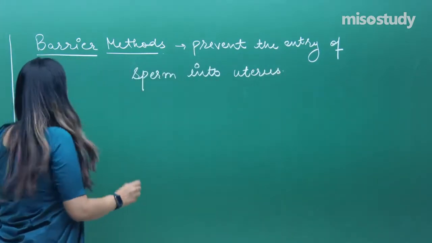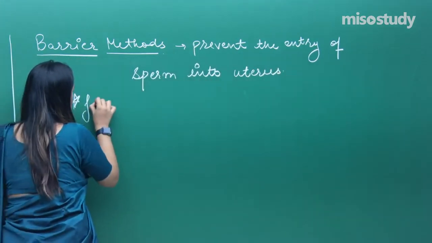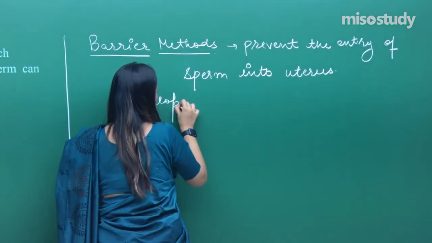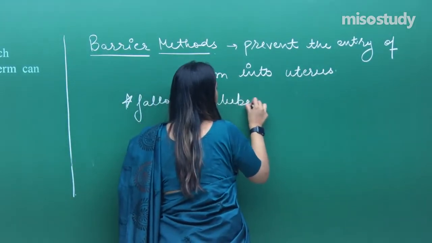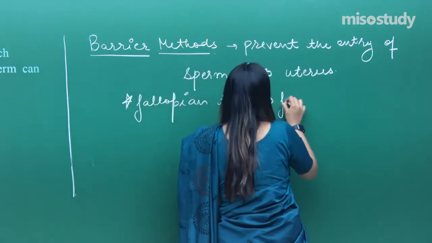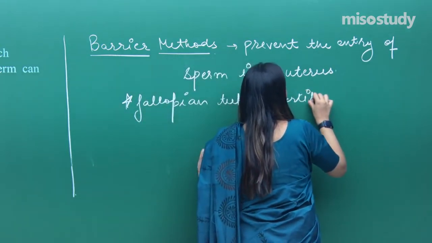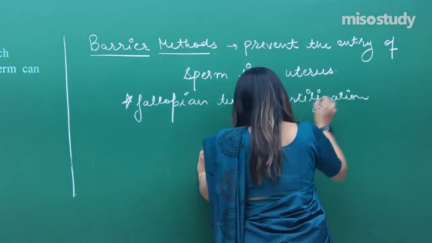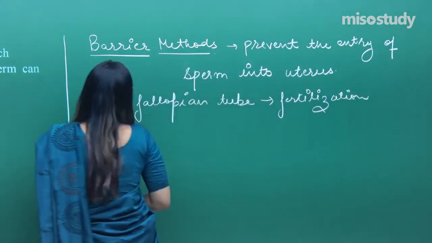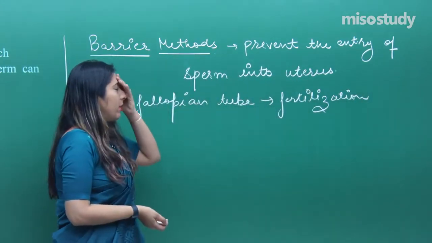One more thing you need to remember is that the fallopian tube is the place where fertilization occurs. Right, students? The fallopian tube is the place for fertilization.